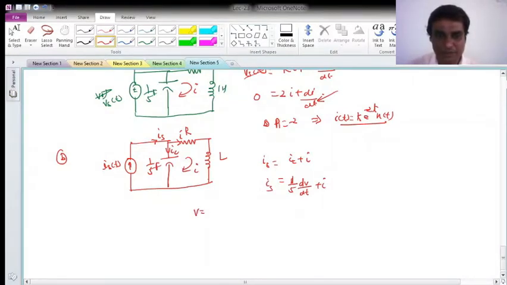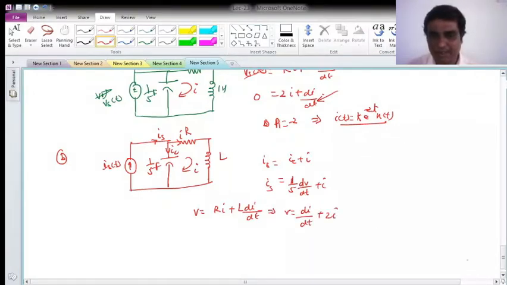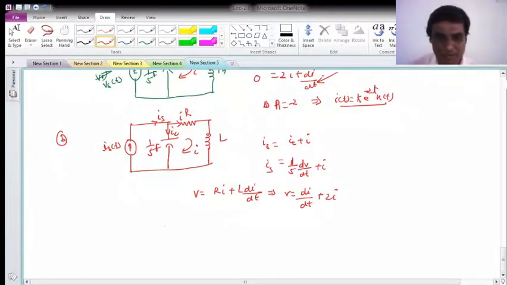For V, V will be Ri plus L di by dt, so V will be di by dt plus 2i. So what will be my Is? I'll substitute V of t: di by dt plus 2i, plus here i.